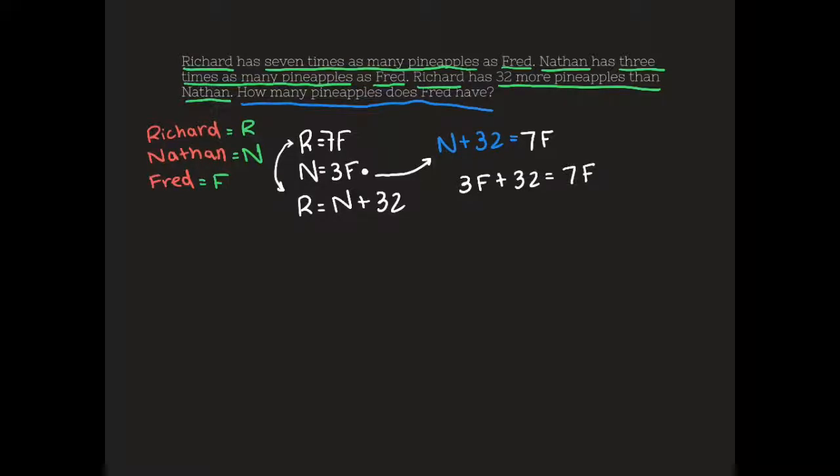Now there's only one variable. Let's solve this. Subtract 3F from both sides. That means 32 is equal to 4F. If we divide by 4 to isolate F, F is equal to 32 divided by 4, which means F equals 8. And 8 will be our final answer.